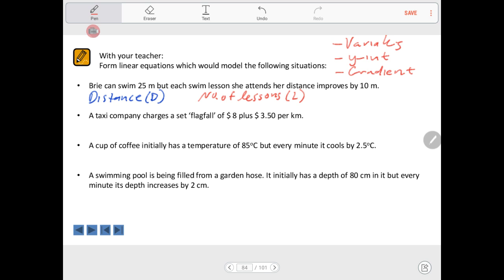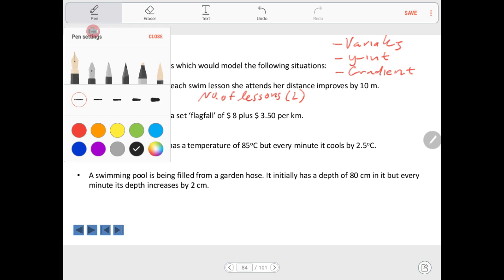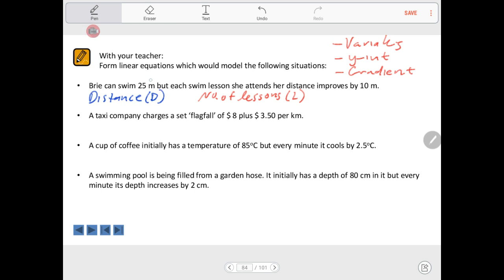Now, what's fixed? What's the y-intercept? Well, at the moment, Bree can swim 25 metres. So that is the starting distance that Bree can swim. Now, this is tricky because, of course, her distance is going to improve, and so the distance she can swim each week will change.